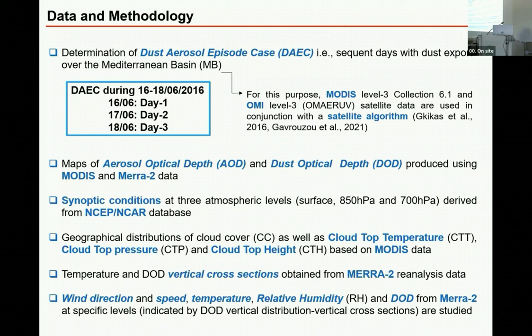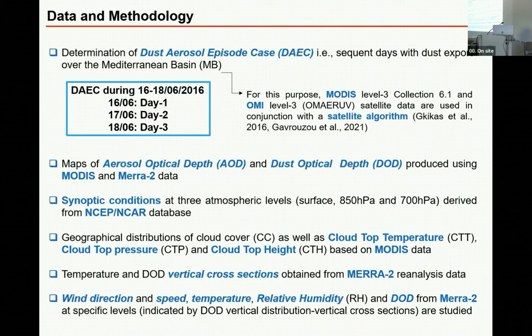2021. As the next step, we produced maps of aerosol optical depth and dust optical depth using MODIS and MERRA-2 reanalysis data respectively. We examined the synoptic conditions at 3 atmospheric levels: at the surface, at 850 and 700 hectopascal, using data from the NCEP-NCAR database.